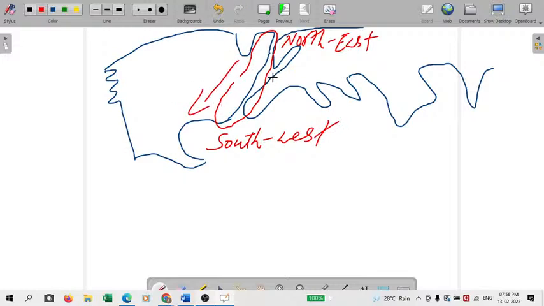And if you see the western coastline of Europe, इसका slant कैसा है?